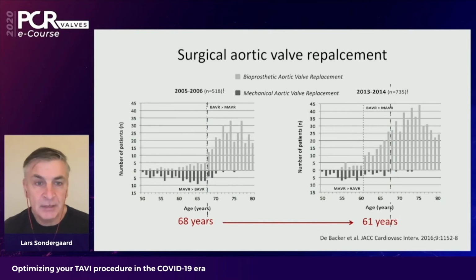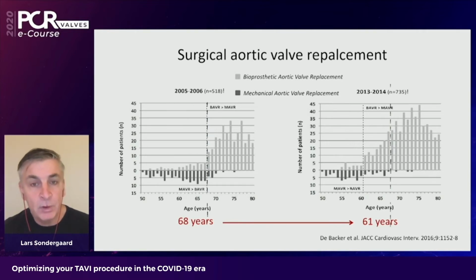So if you look on the left-hand side, this was the surgical valve which was implanted in 2005 and 2006. The gray one is the bioprosthetic valve, and the black one is the mechanical valve. And you can see the age of break-even was 68. And less than 10 years later, it was 61 years of age. So you can see more and more patients will receive a surgical bioprosthetic aortic valve.